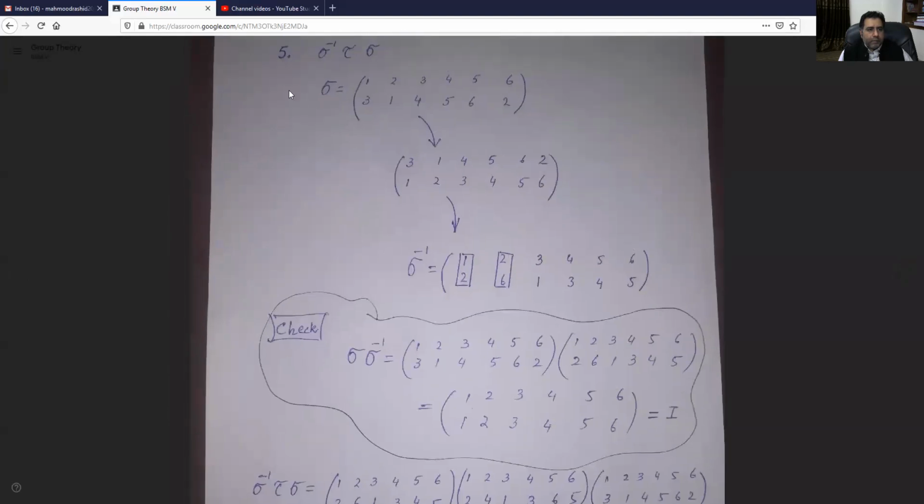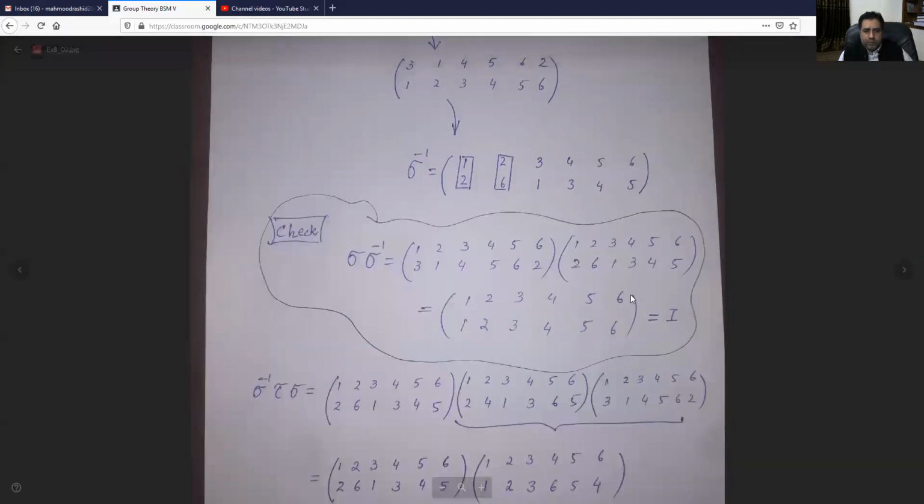So a simple check: if this inverse is correct, then sigma composed with sigma inverse will give you the identity permutation. You can see sigma, and then this is sigma inverse. We will move from right to left. First write 1, 2, 6, all these inputs. We want to see what the output is for these 6 inputs under this composition.